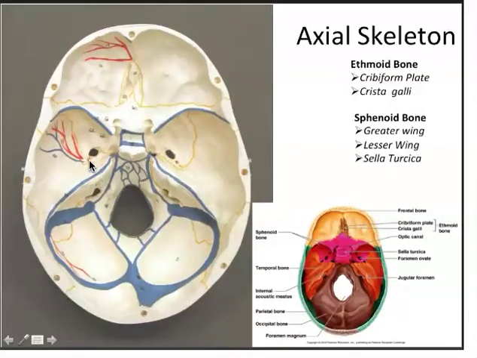You can see the spinosum here, that's the ovale, and the rotundum is sort of hidden up under here. It would be about here and here in this sphenoid bone. Now, why do we make a big deal out of these holes? Because they serve as passageways for branches of the trigeminal nerve, which is the fifth cranial nerve that serves muscles in the face.